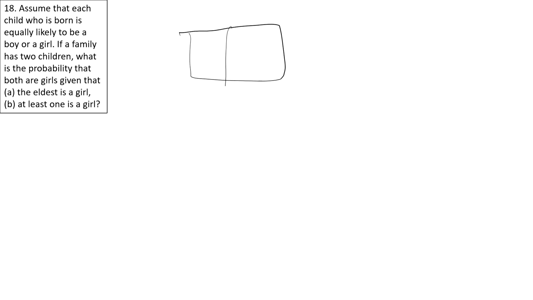Sample space is like this: equally likely, so 50% chance female, male. Left one is the first one: FF, FM, MF, MM. So it is given that the eldest is a girl.